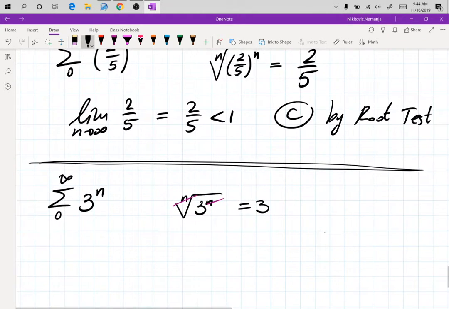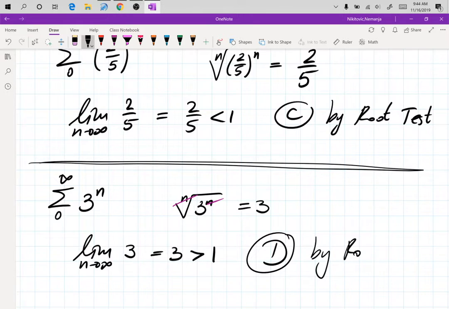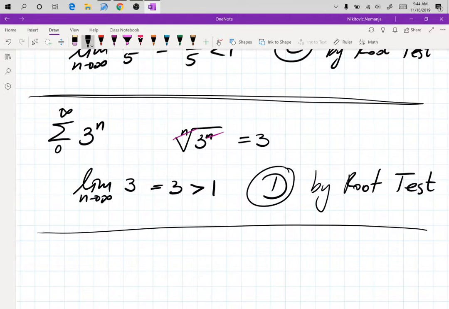And now when you do the root test limit, which is the limit of a_n, which is just the limit of 3, well, that's just 3, and it's bigger than 1, so it diverges by the root test. Again, the divergence test would take care of it, but you just want to show off. So this problem can diverge by 3 different tests.